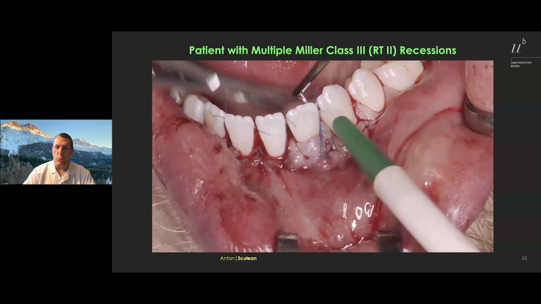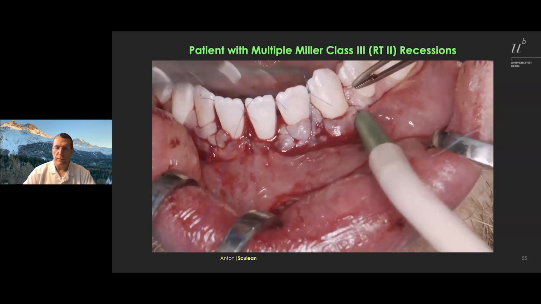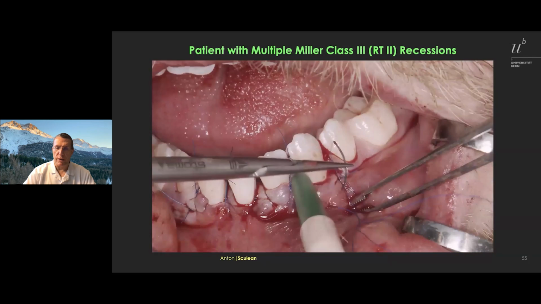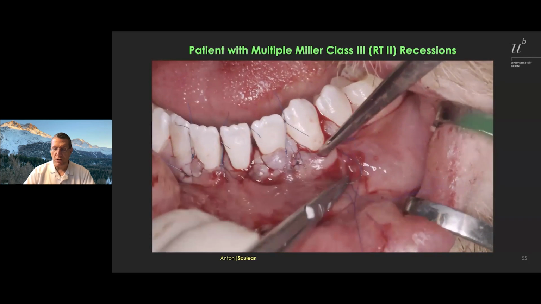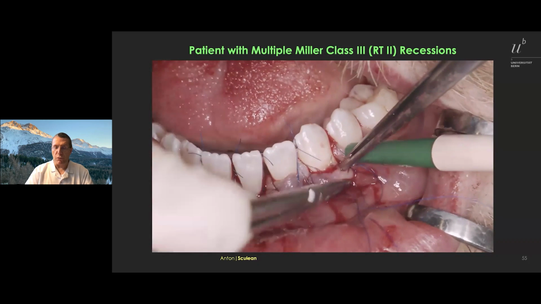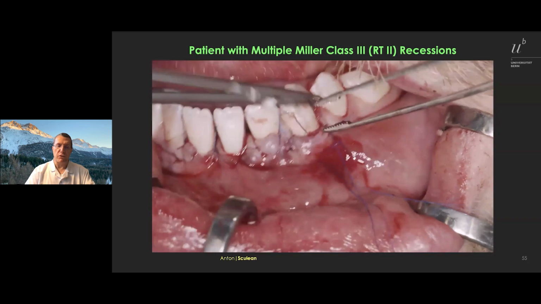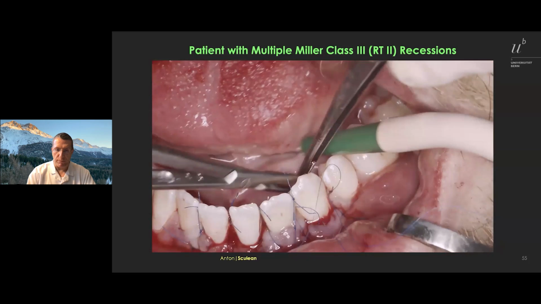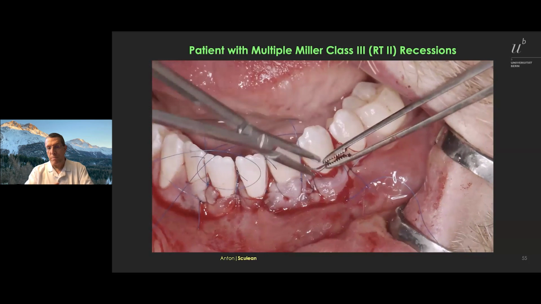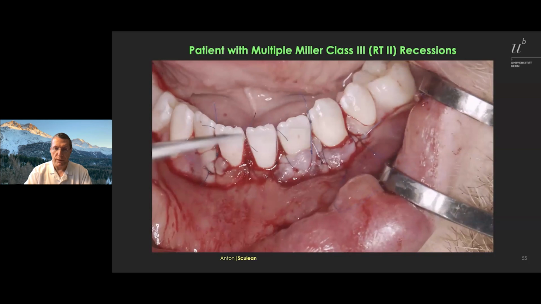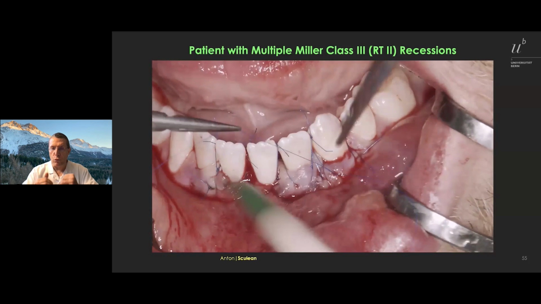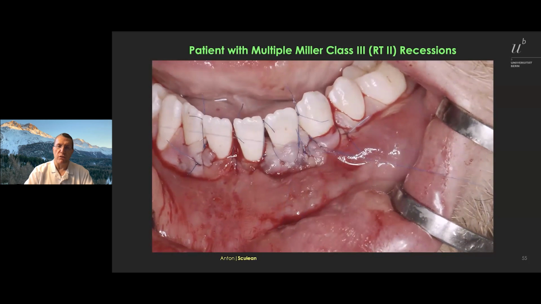And then a second one that will encompass the middle part of the recession, very deep, but of course, the knot will be placed now in the other direction, mesially. So we don't place the knot always in the same direction. But that's very important. And I overcontour a little bit the recession.